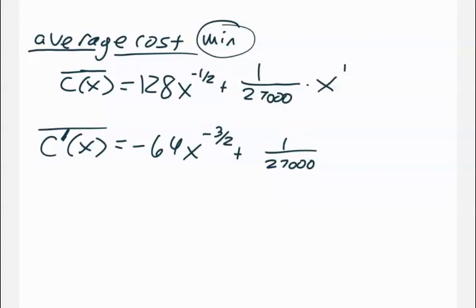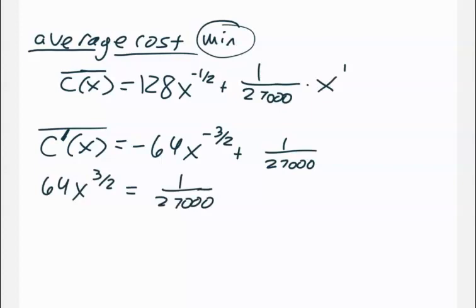All right, so now we want to set this equal to 0. I'd add the 64 term to the other side, so 64x to the negative 3/2 equals 1 over 27,000. Then I could divide both sides by 64.